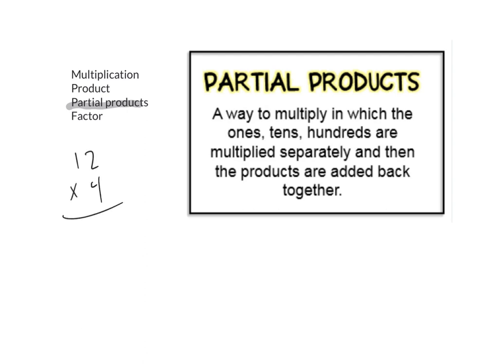We start by multiplying our ones, which would be 8. Then, since we're going to be multiplying our tens, we put a 0 here as a placeholder for our ones. So what's 4 times 10? Just 40. Then we add those two together to get 48. That's our end result, using partial products.